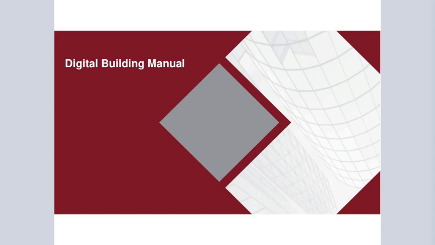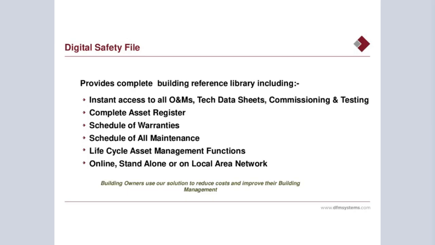At this stage, I'd just like to take you through a brief overview of the digital building manual as we would see it. As I said way back at the start, it's designed to ensure that there's a complete library of information of everything needed to operate and maintain the building.